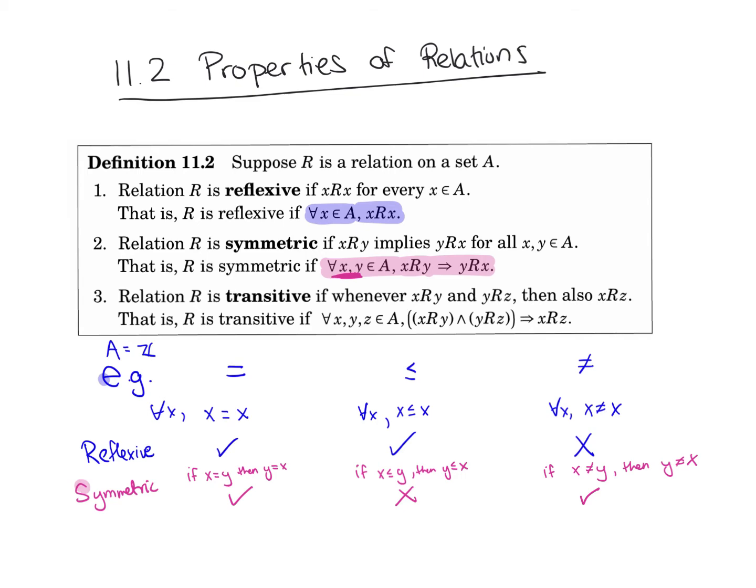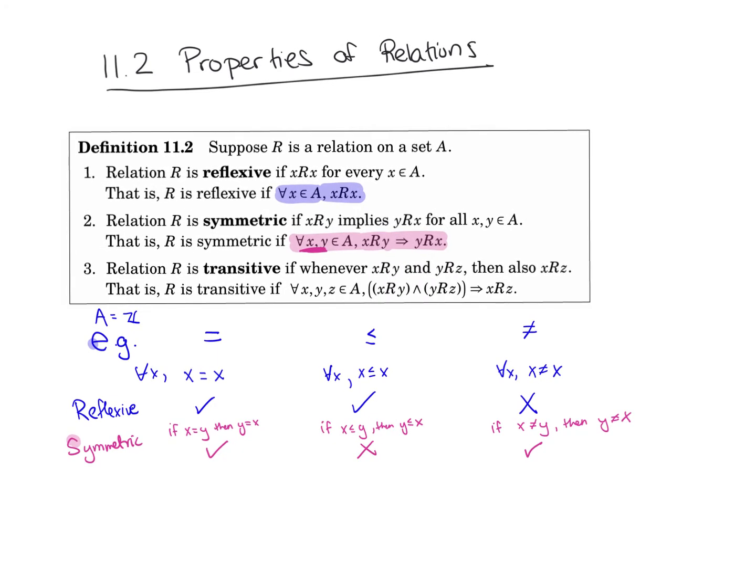Okay, finally we have the transitive property. The transitive property says that a relation is transitive if whenever x is related to y and y is related to some other z, then x is also related to z. So for all x, y, and z, if xRy and yRz, then xRz.